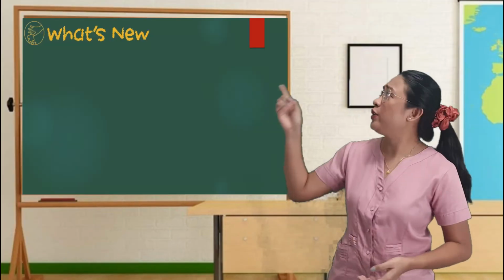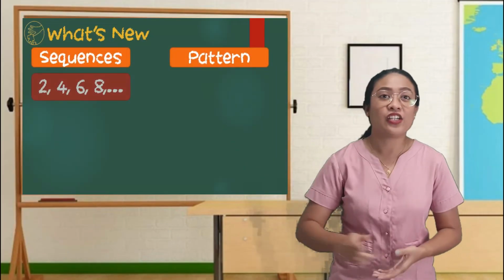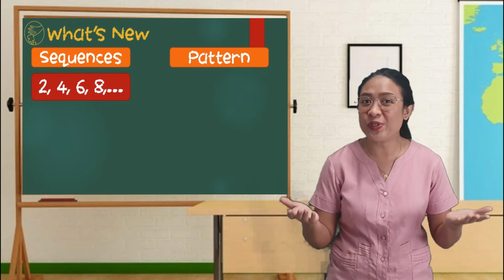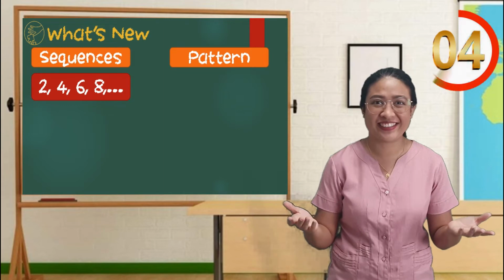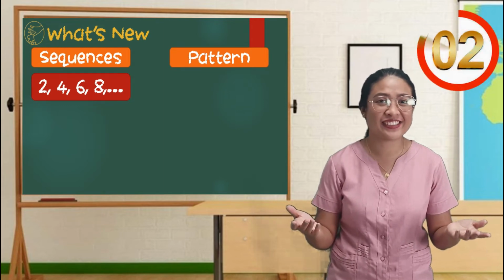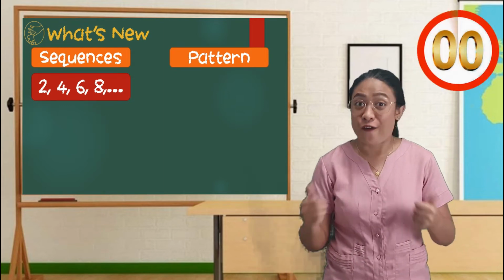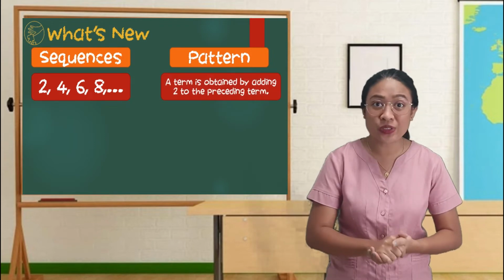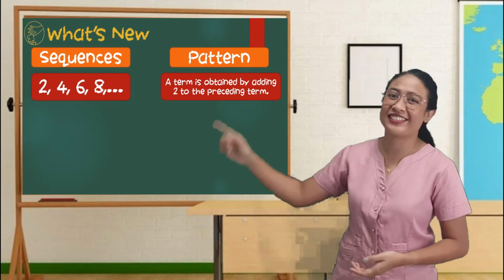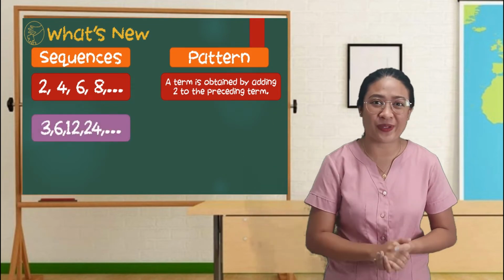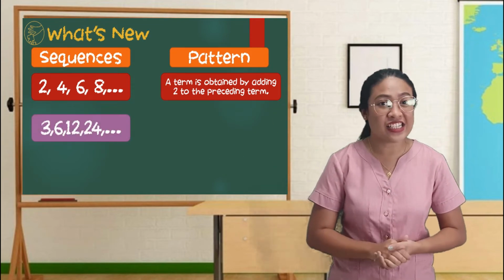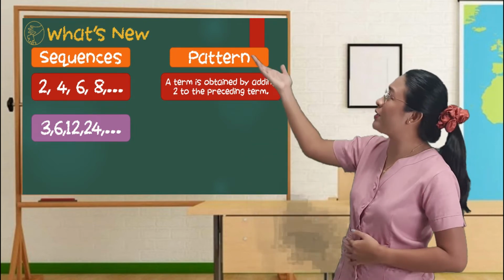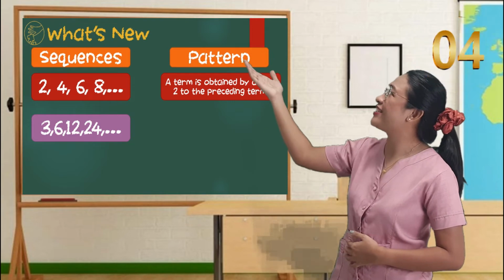Now, try to look at the first pattern: 2, 4, 6, and 8. What pattern can you observe? Very good! A term is obtained by adding 2 to the preceding term. How about the second sequence? 3, 6, 12, 24. What pattern can you observe in the second sequence?